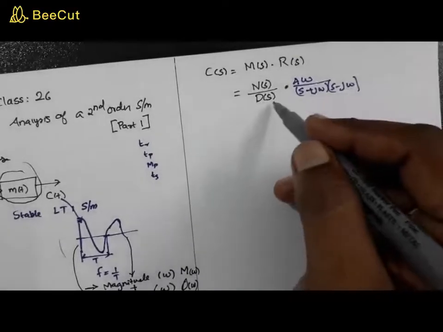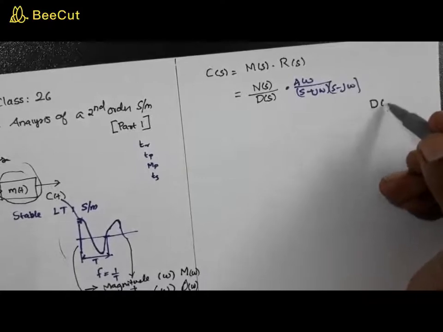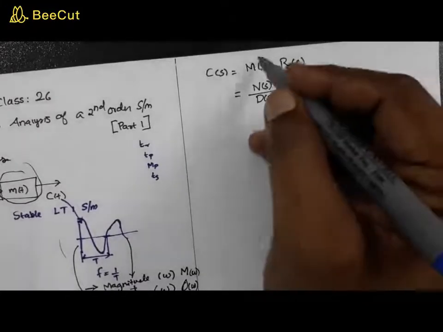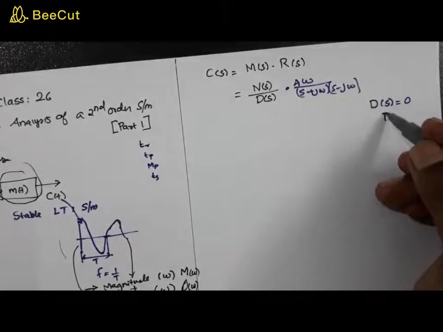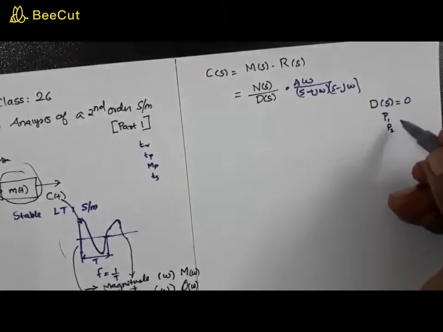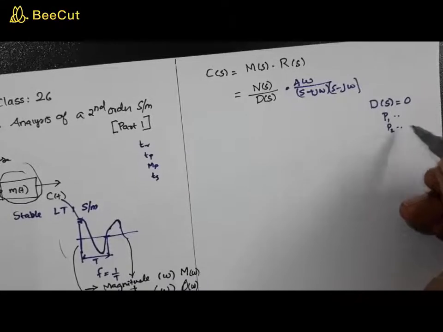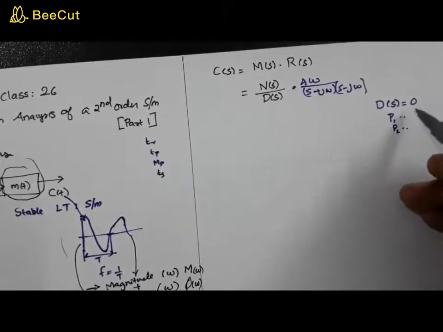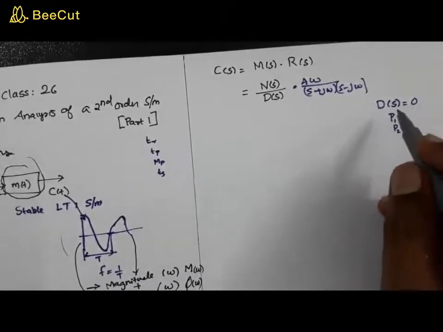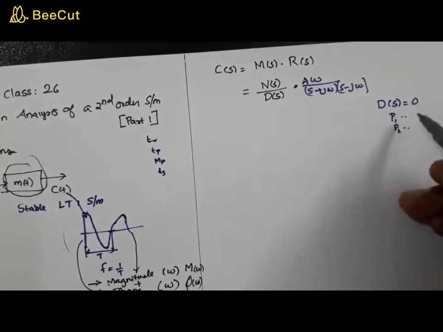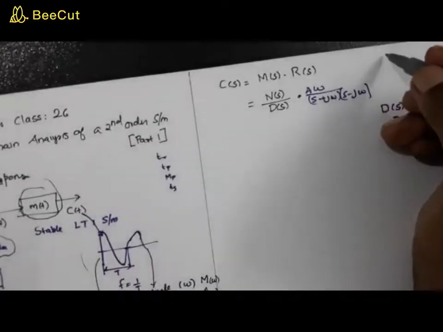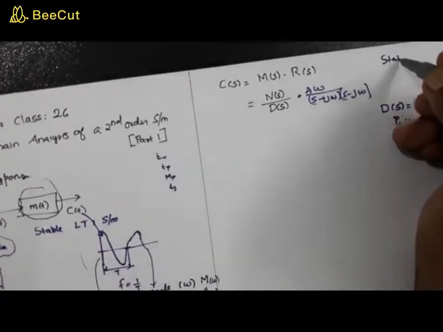Now when you factorize this D of S to 0, that is the denominator polynomial of this transfer function, you will be getting some poles, right? P1, P2, P3 and so on. Another assumption to be made is that the system is a stable system.